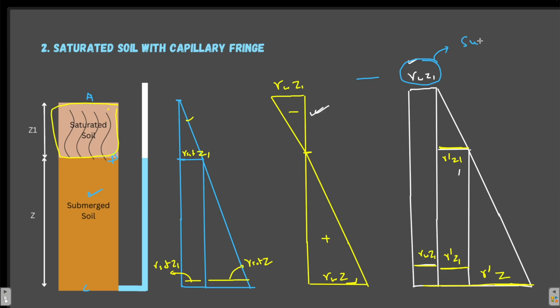So whatever the stress acting due to the capillary action, you can consider it as a surcharge and draw the stress diagram, and your stress diagram will be complete and correct every time.